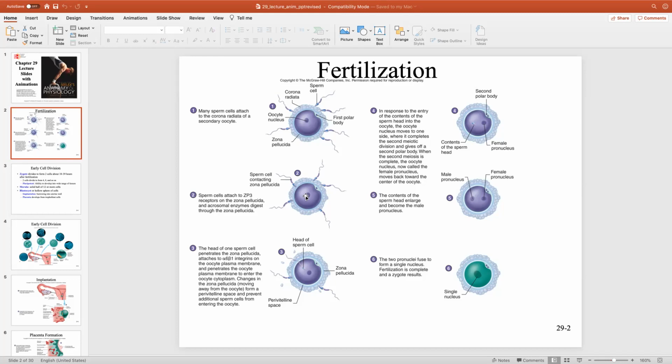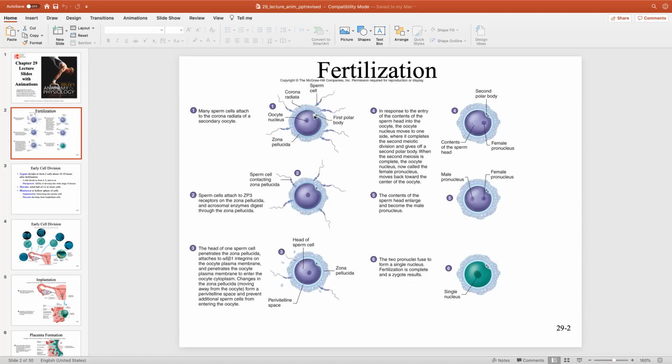Now, it's going to take more than 1,000 cells to become even a small fetus. So it's going to take a long time with multiple rounds of DNA replication, followed up by division, right? By mitosis.